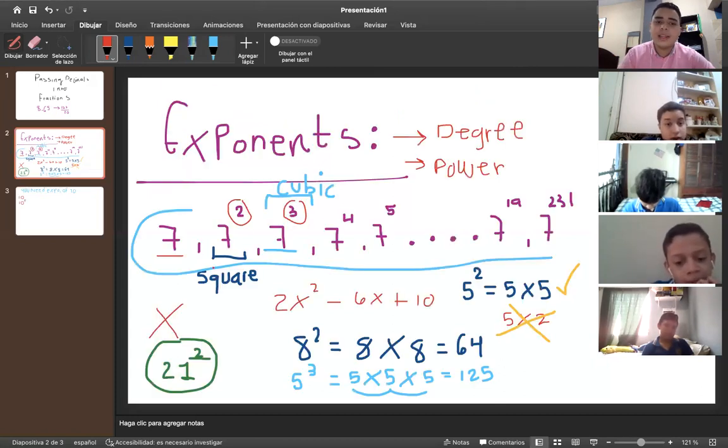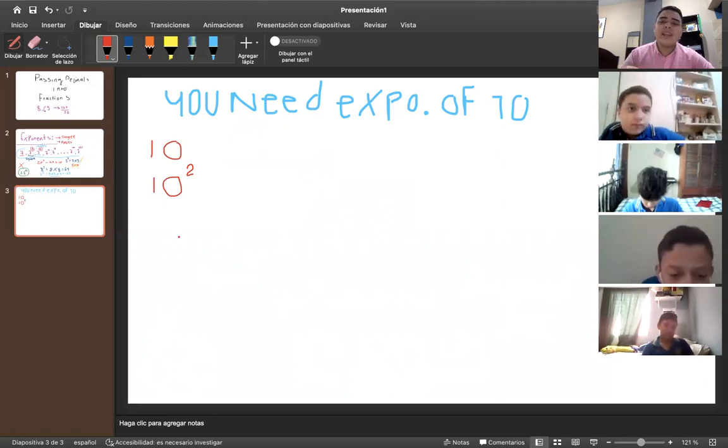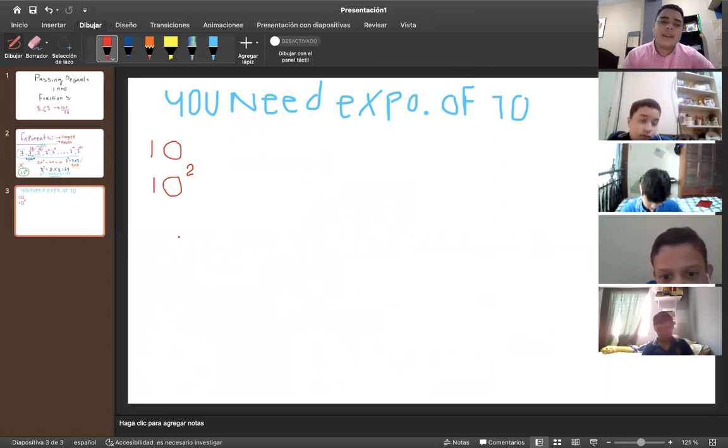Remember, we don't say 10 elevated at squared. Just 10 squared, or 10 elevated at 2. But it's better for you guys to use the word squared.